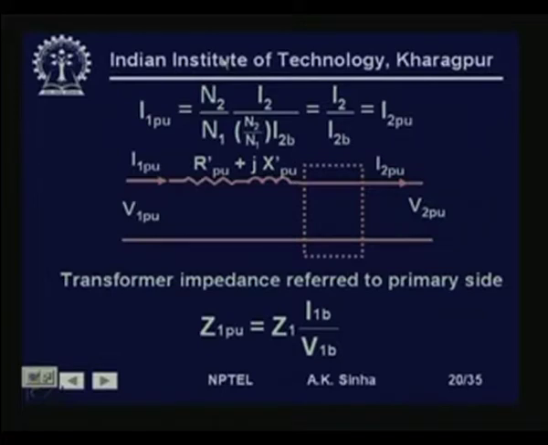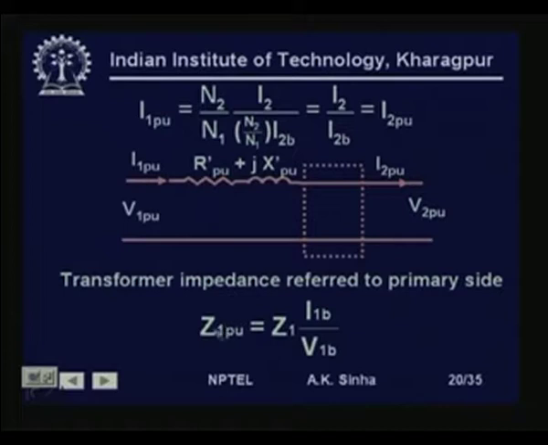So, what we find is that if we have used a per unit system with proper voltage base selection, then the voltage transformation ratio and current transformation ratio which come for the transformers are no longer required in the per unit system. So, transformers can be simply eliminated and its leakage impedance can be put in per unit values.